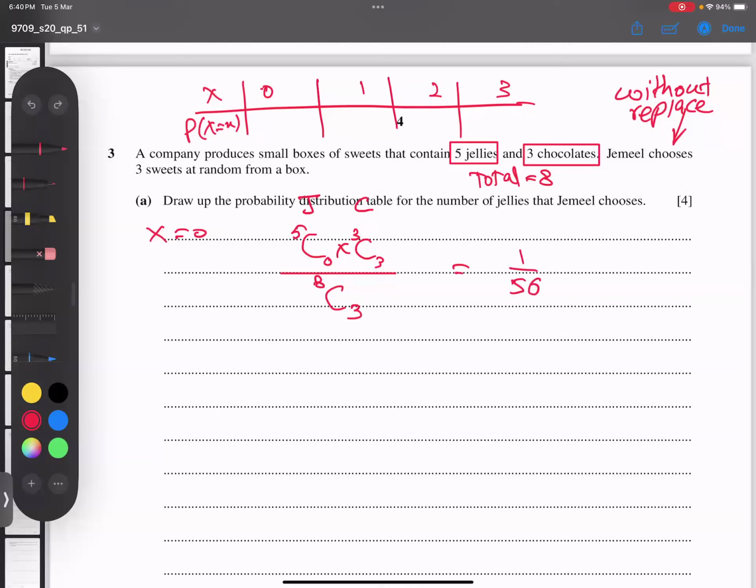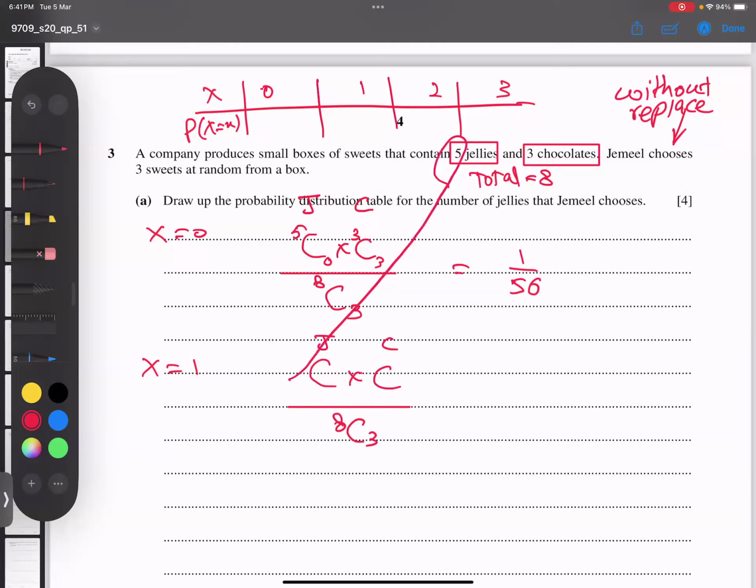In case X is equal to 1, again I write a fraction, and down 8C3 always. Now the first C is for jellies and the second for chocolate.